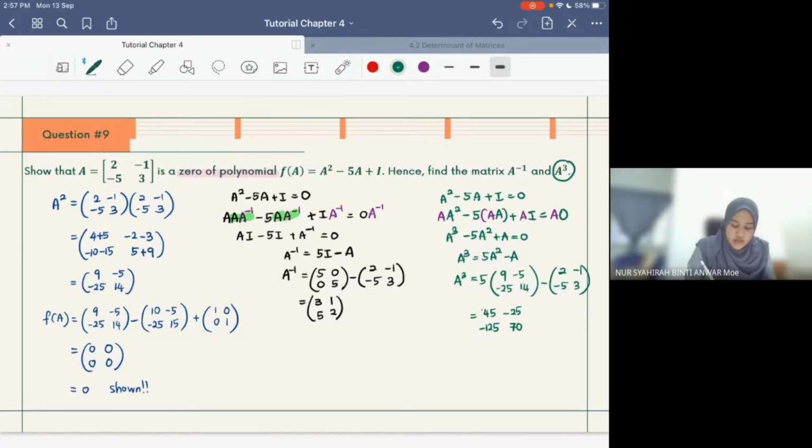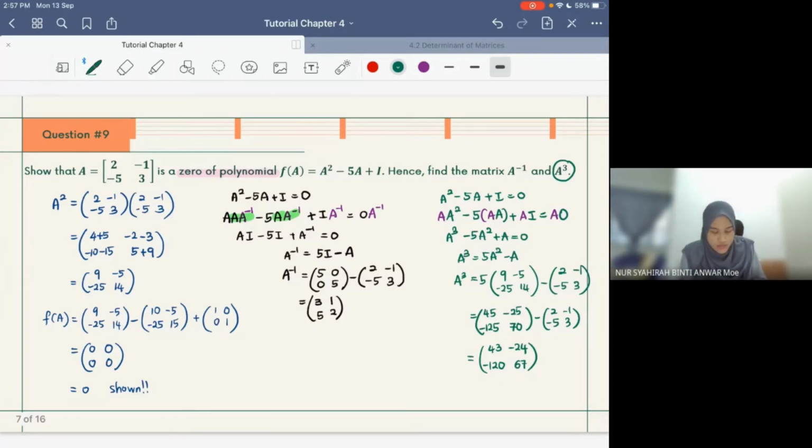Okay, good. 70 minus 3. And the result for A cube is 43. Negative 25 plus 1 is negative 24. Here will be negative 1 to 0 and 67. So this will be our final answer.